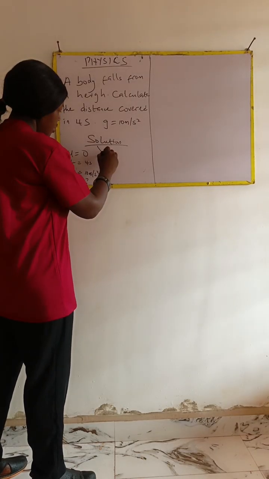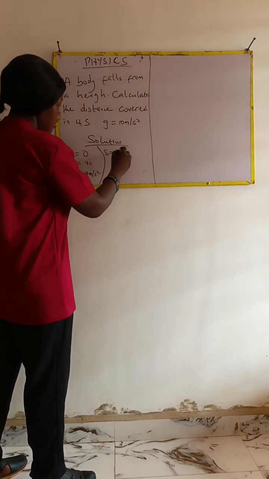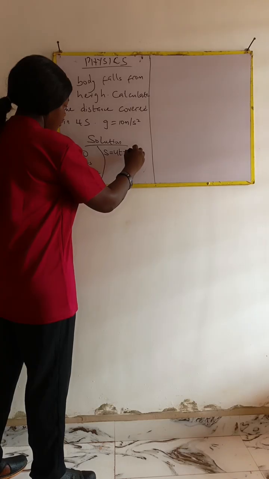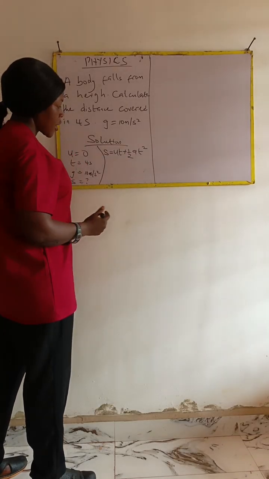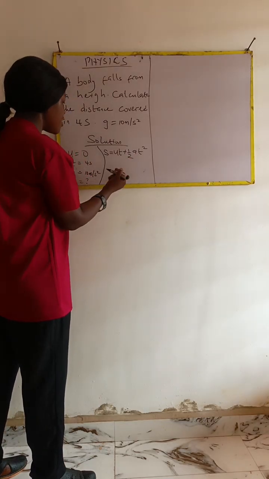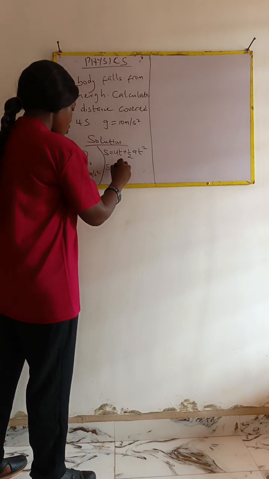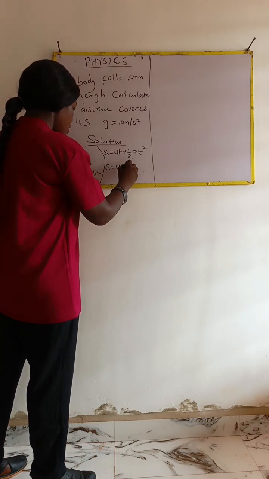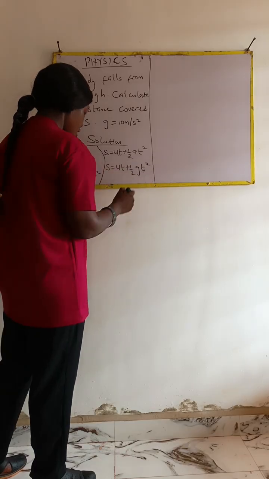So s equals ut plus half at squared. When I'm given g instead of a, we now have s equals ut plus half gt squared.